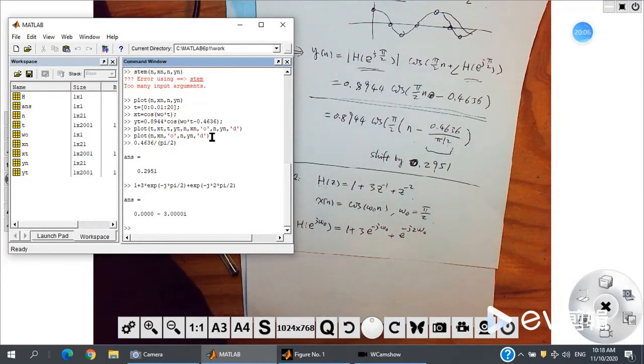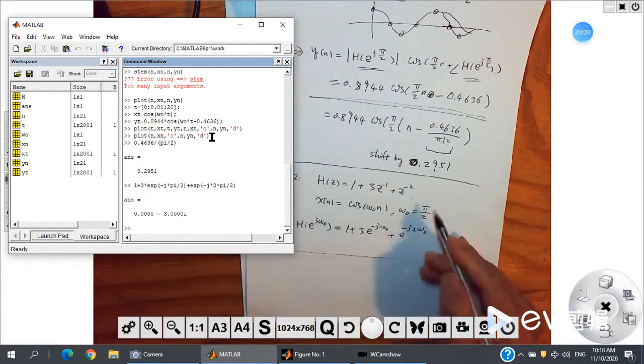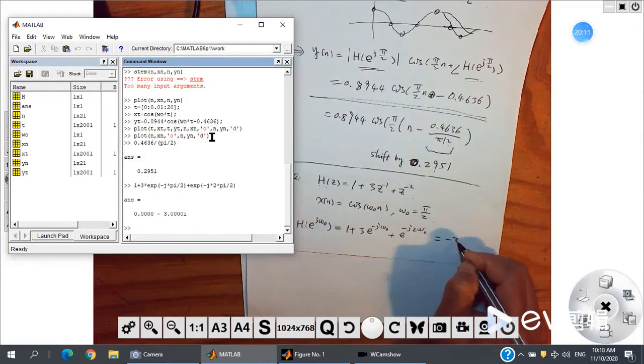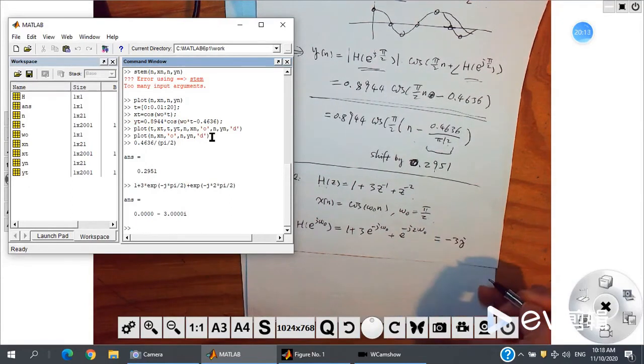Oh, it's a negative 3j. I use j for the square root of negative 1.